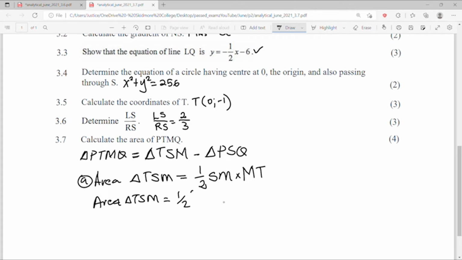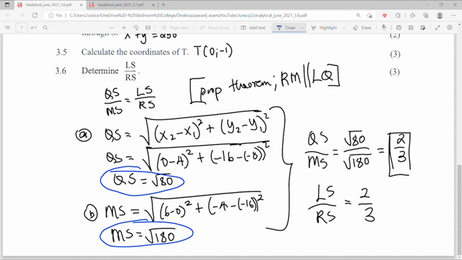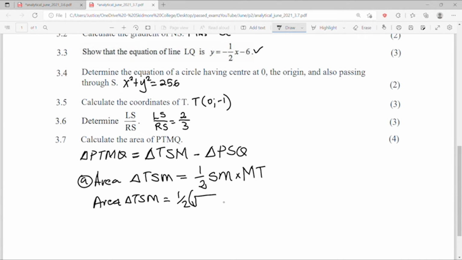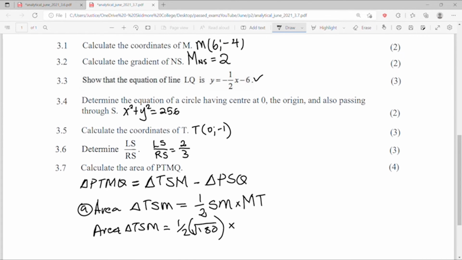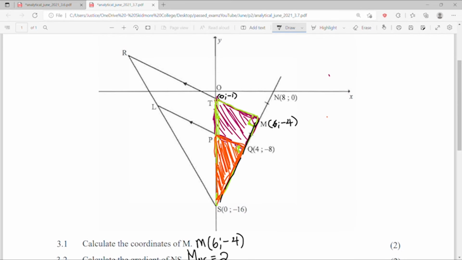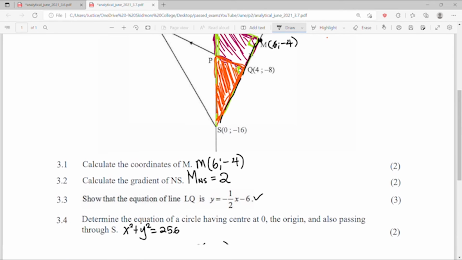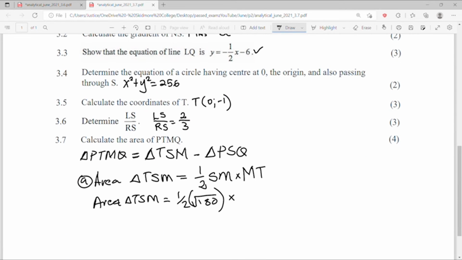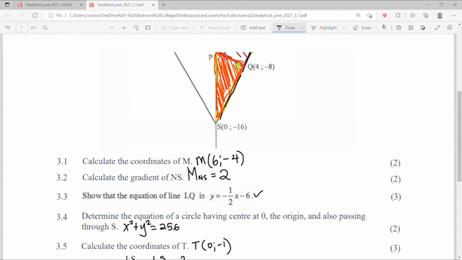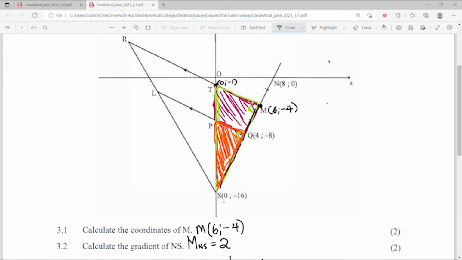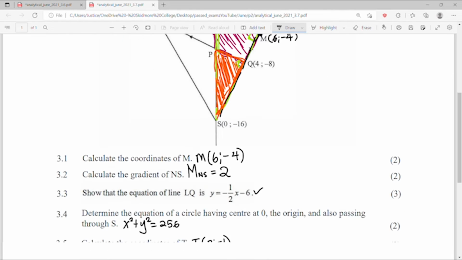So now our SM is the same as MS, it's going to be square root of 180 times MT. We need to find what MT is, and that is from here to there. And we're going to use our distance formula here. Distance formula is x2 minus x1, so 6 minus 0, which is just 6.